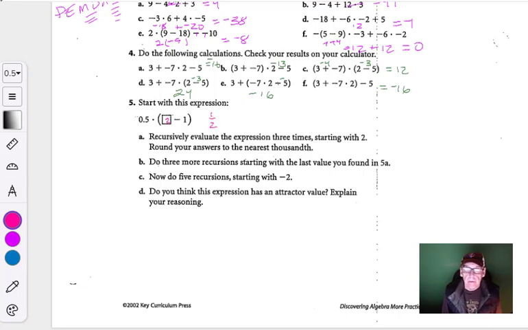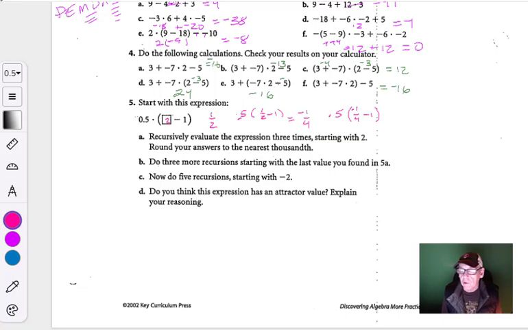So we get 1/2. Now the recursion says we're going to do 0.5 times 1/2 minus 1. Now that's going to be a negative 1/2, and a half of a negative 1/2 is a negative 1/4. That's going to be the second time. Now negative 1/4 goes in, and we have 0.5 times negative 1/4 minus 1.